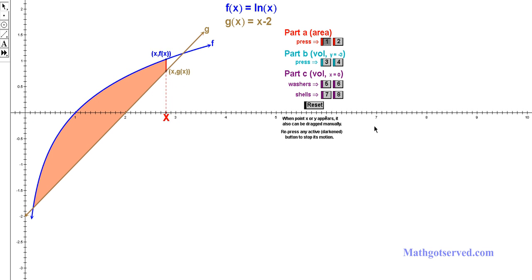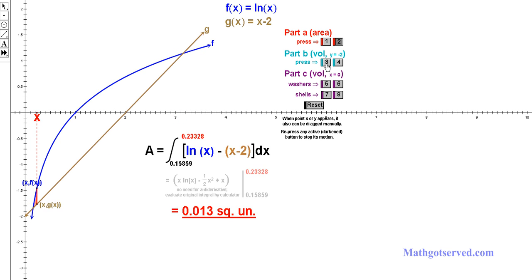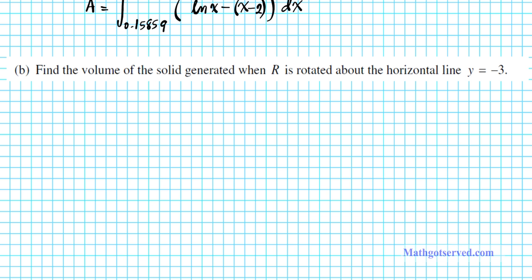It's like an accumulation of the area of all those rectangles. So let's take a look at what the area is. You're going from 0.15859 all the way to 3.14619. The net accumulation of those areas is 1.949 square units.